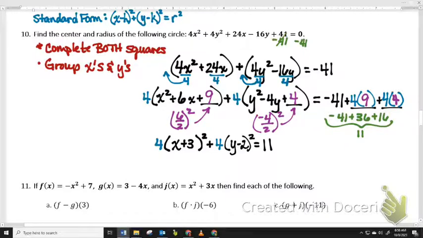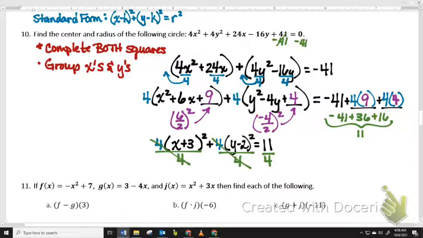Standard form. Do we have something in front of the parentheses in standard form? So how do I get it gone? Divide. We're going to divide both sides by 4. So I divide this by 4, I divide this by 4, I divide this by 4.